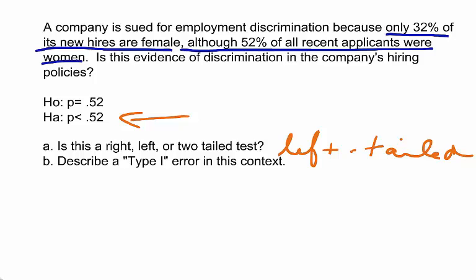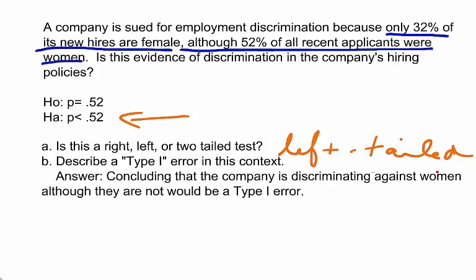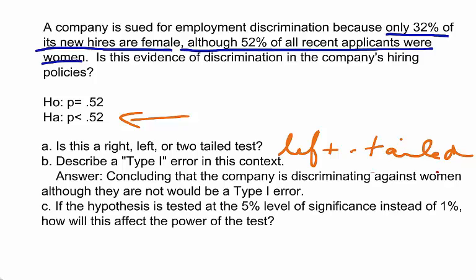Next, describe a Type 1 error within the context of this problem. In this case, a Type 1 error would be concluding that the company was discriminating against women, although they are not. If the hypothesis is tested at the 5% level of significance instead of 1%, how might this affect the power of the test?